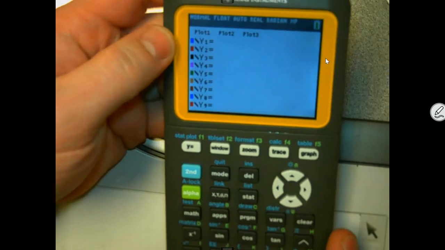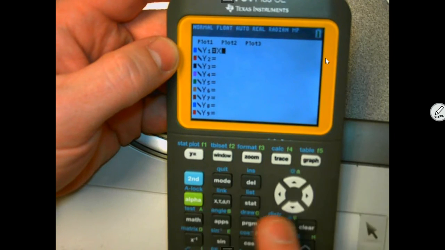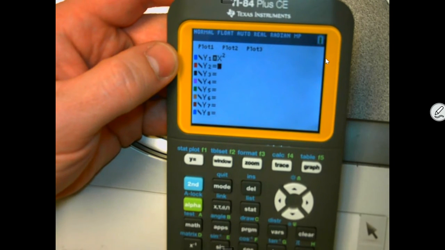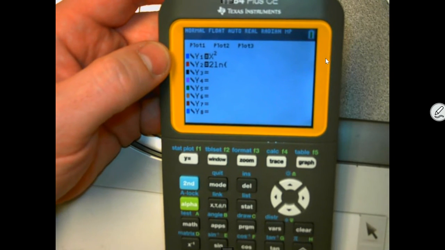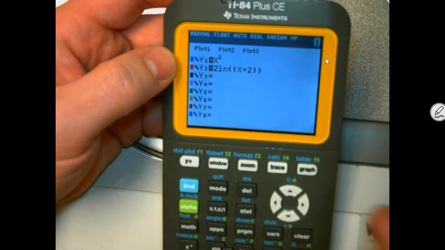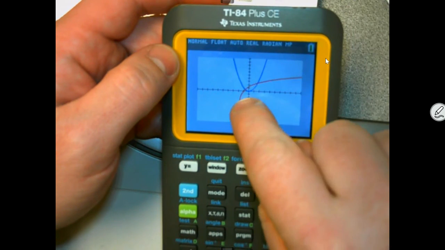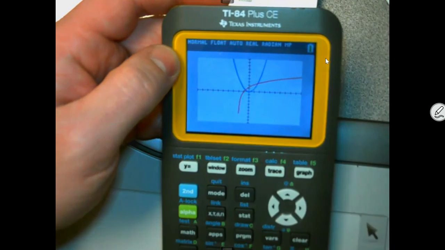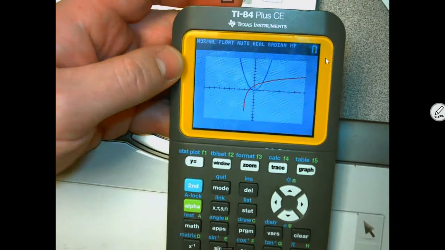Here we're going to graph on one side x squared, and the other side 2 ln of (x plus 2). And if I graph that, there's my parabola, and there is my other curve. And we actually want the intersection of those.